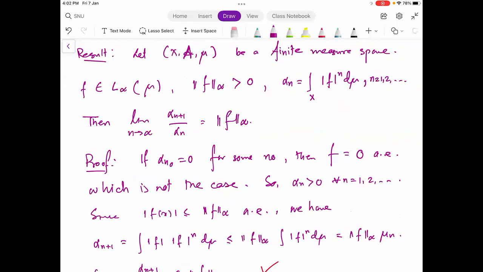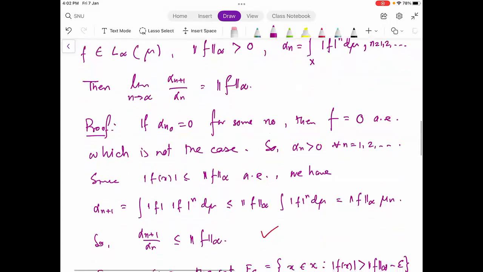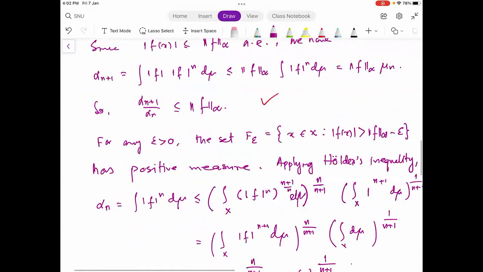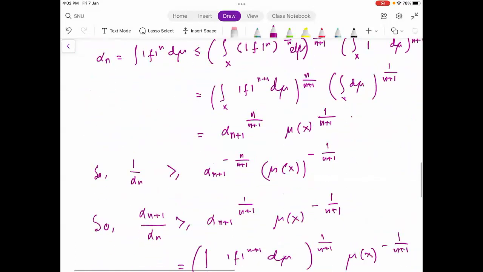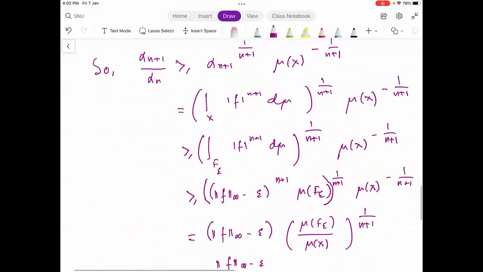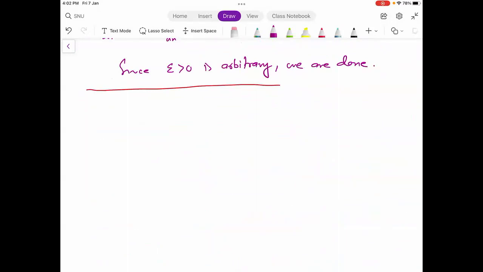This was done in the first tutorial actually. Whenever the limit of the ratio exists, then alpha n to the power 1 by n limit also exists, and that is also the same limit. Valuable comment, Susan. Thank you. So the p norm goes to the infinity norm of f. Okay, good.